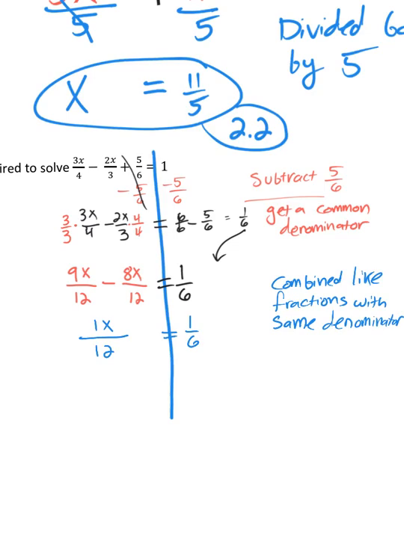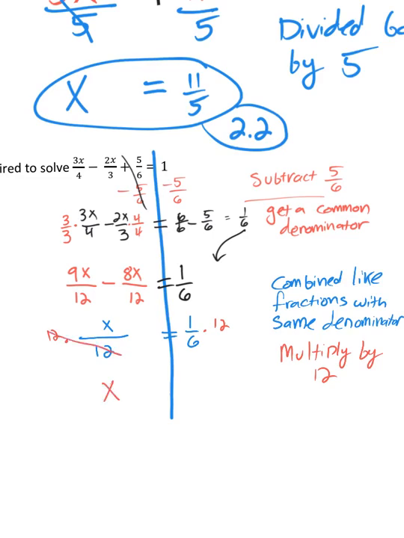So 1x divided by 12, oh, we don't even need that 1 in front there, do we? It's just x. And if I have something divided by 12, we talked about this just a few minutes ago, undo the division is multiplication, so multiply by 12 on both sides. 12 divided by 12 goes away.